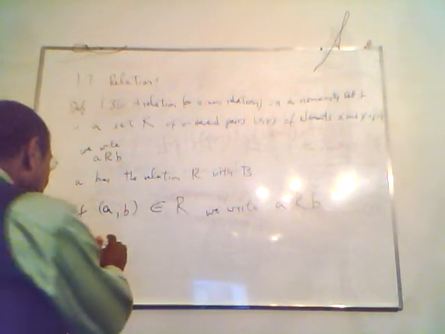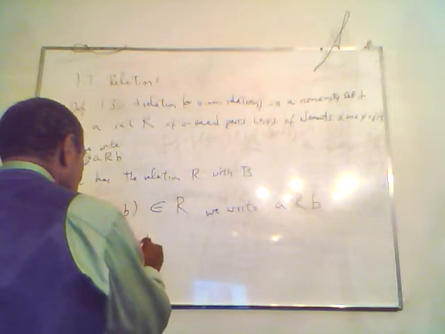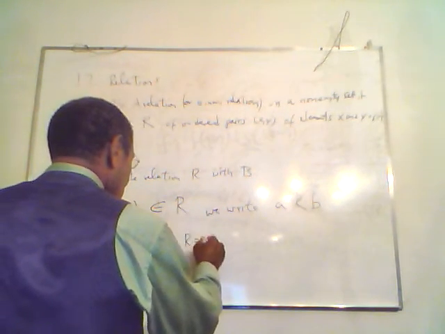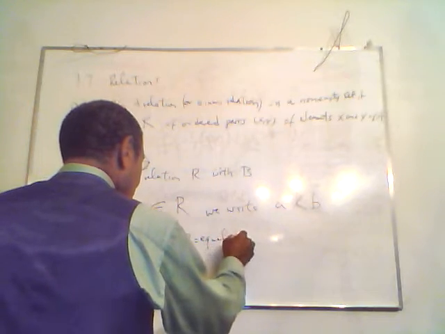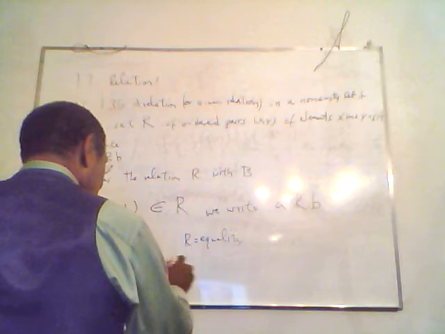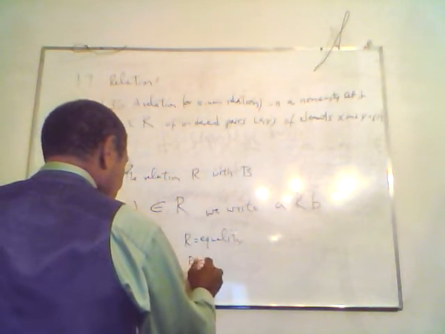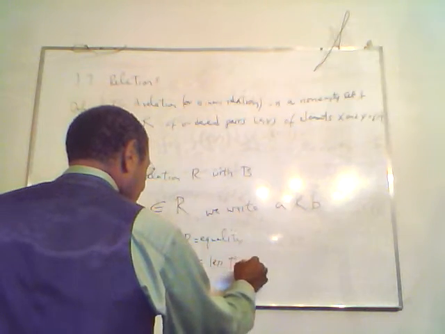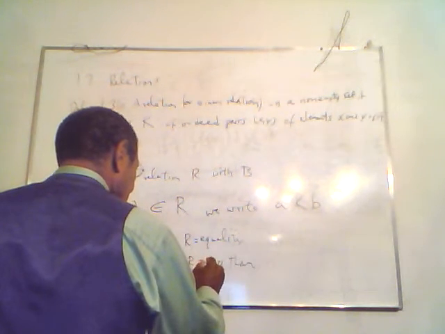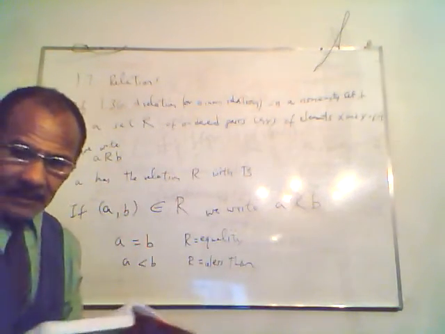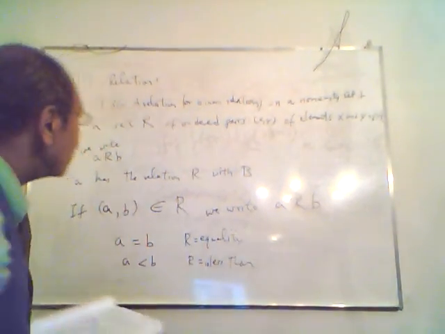If you have a equal b, the relation is equality. If you have a less than b, the relation is less than. All right, we have an example there. You want to take a look at that?